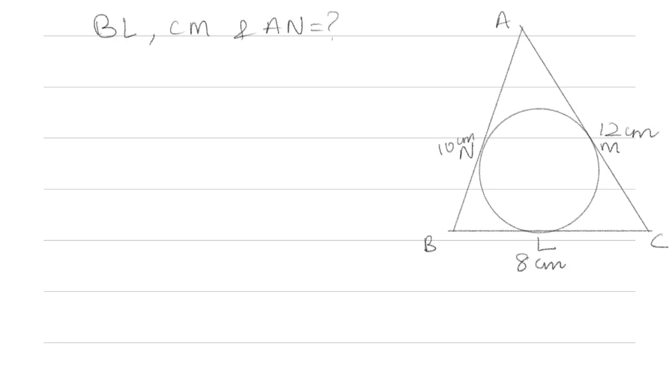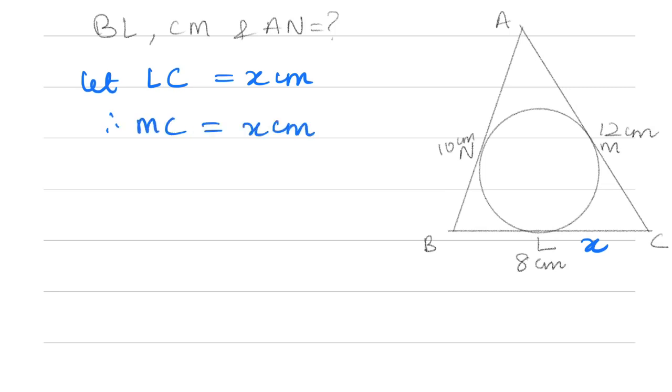So let LC equal to x centimeter. So this is x. So therefore MC will also be x centimeter. This is also x. Then AM will be equal to 12 minus x centimeter.